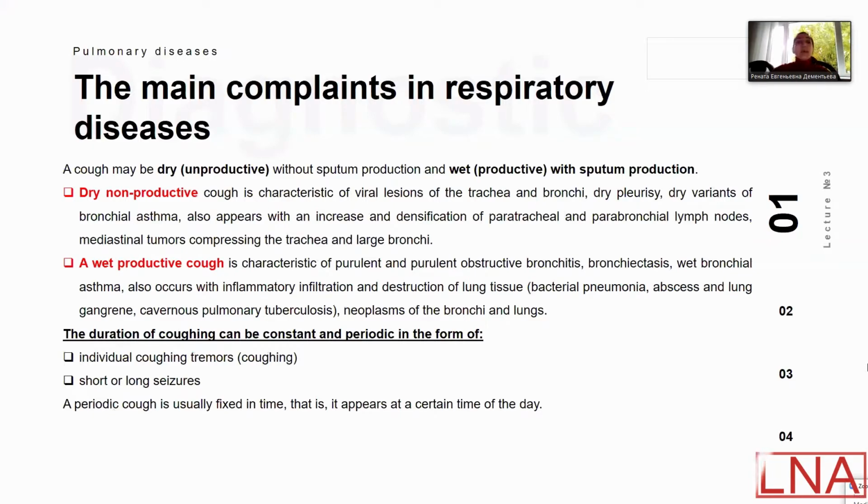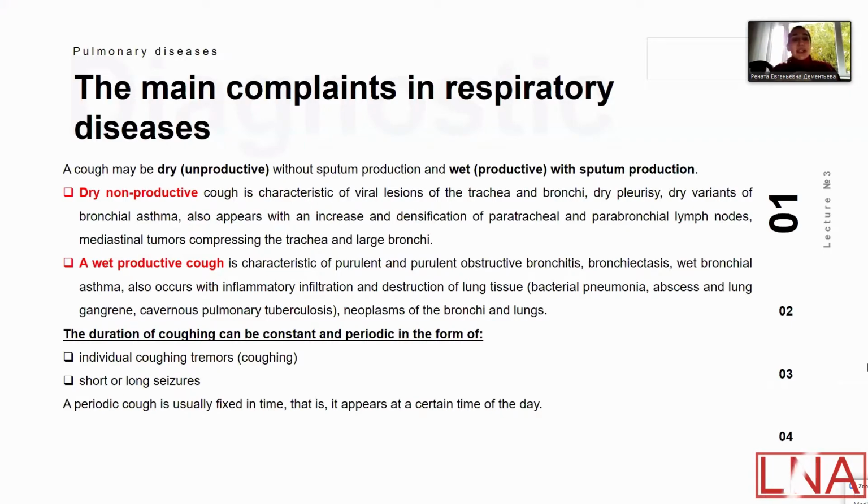Next, about cough. A cough can be dry, or unproductive, without sputum production, and wet, or productive, with sputum production. So dry is unproductive, without sputum; wet is productive, with sputum. Dry, non-productive cough is characteristic of viral lesion of the trachea and bronchi, dry pleurisy, and dry attacks of bronchial asthma.